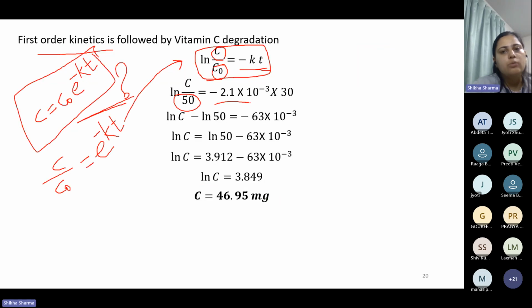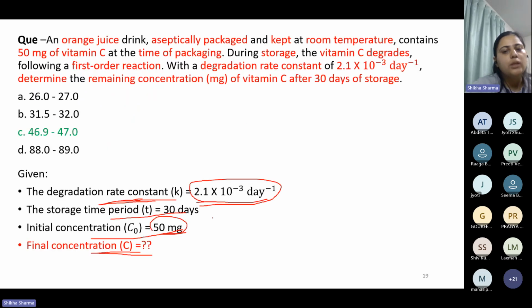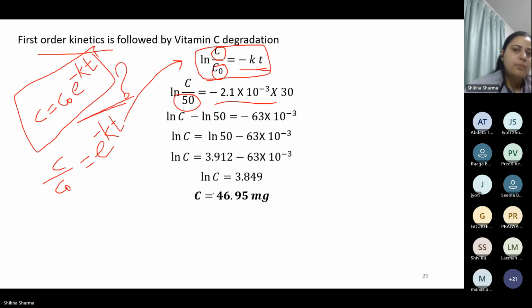So minus 2.1 into 10 to the power minus 3 into the storage time, which is 30 days. Since K is in per day and storage time is also in days, we can use days as the unit of time here. So T equals 30.